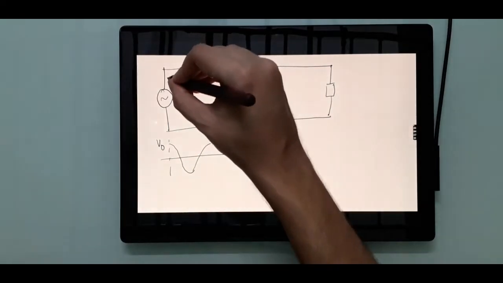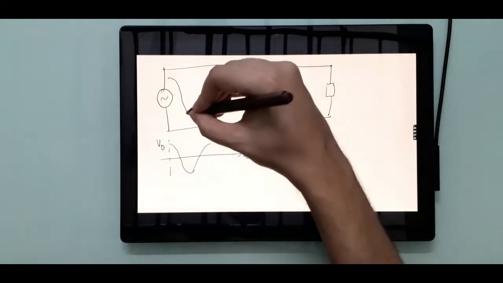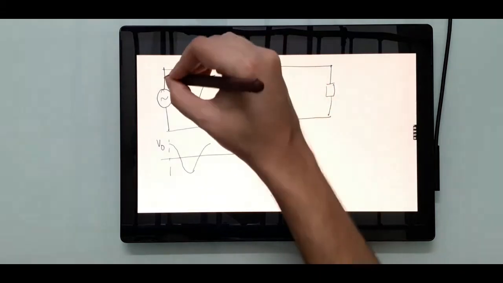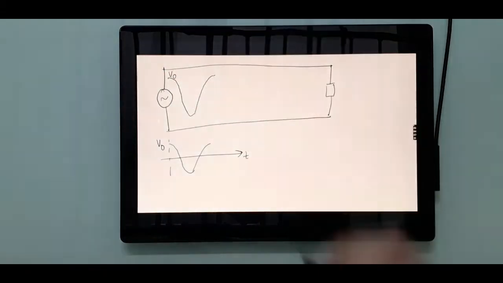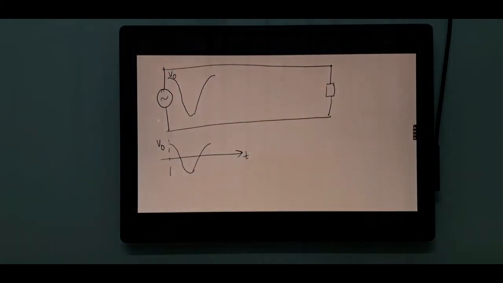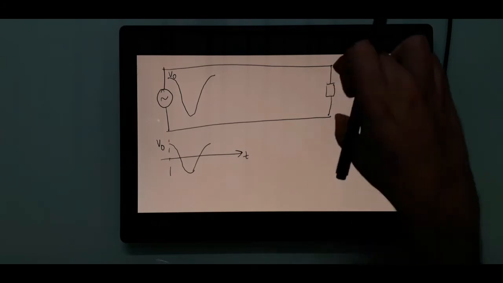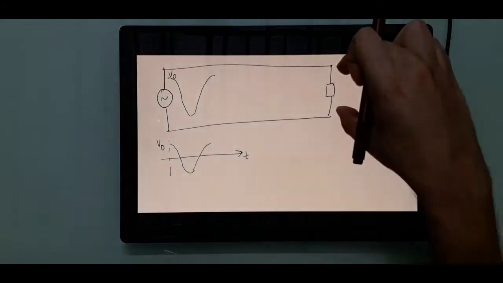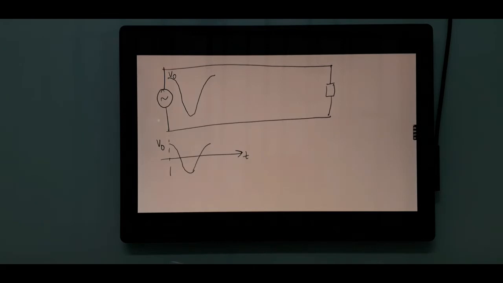So this V0 will start like this. Now this V0 will appear across the load after time Tp.